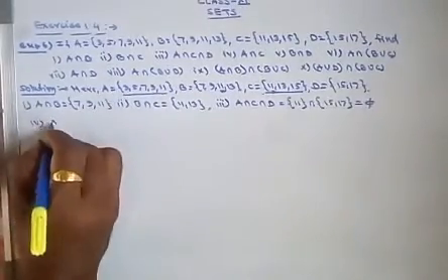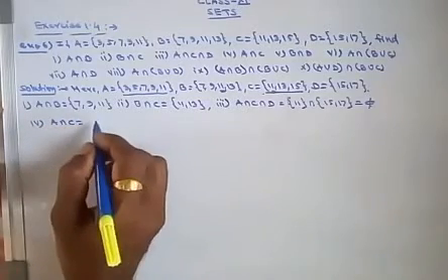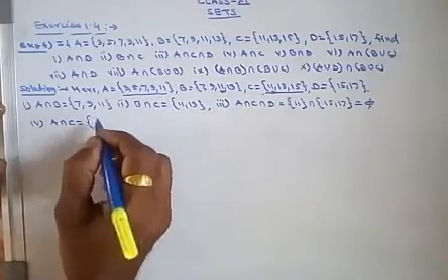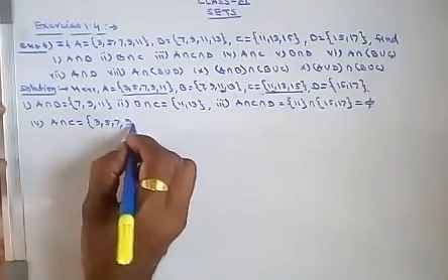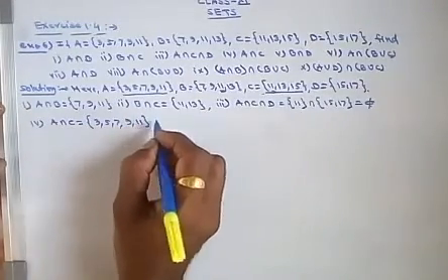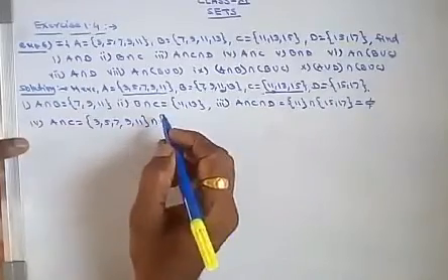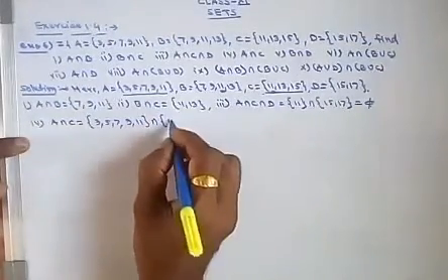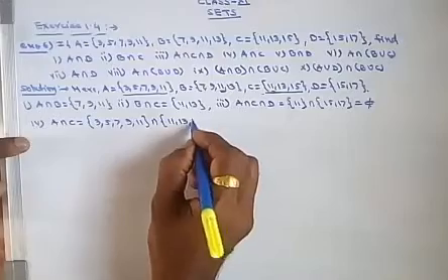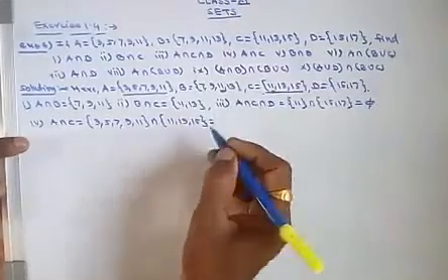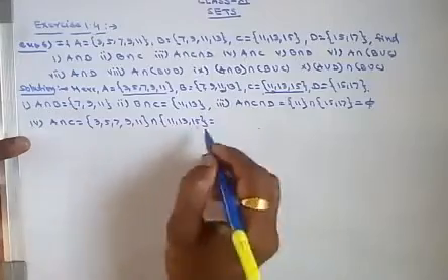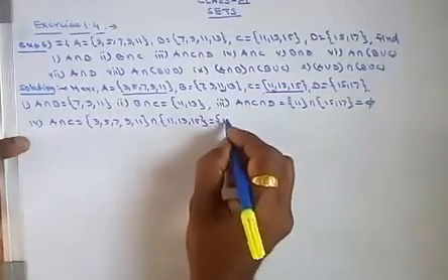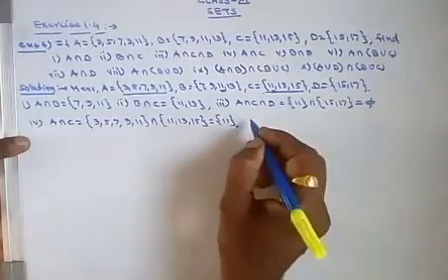Then the fourth is A intersection C. What is A? A is 3, 5, 7, 9, 11. Intersection, what is C? C is 11, 13 and 15. So A intersection C is 11 is here, 13 is not, 15 is also not, so it is 11 only.